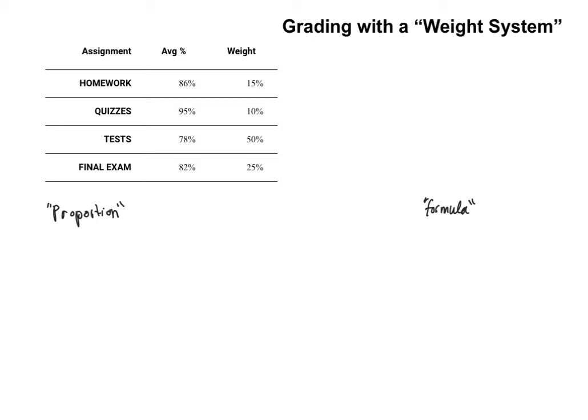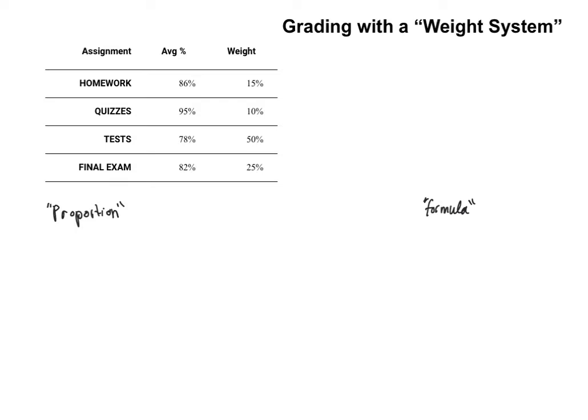Now we want to look at an individual who had an average percent of 86% on their homework, 95% on their quizzes, 78% on their tests, and 82% on their final exam.